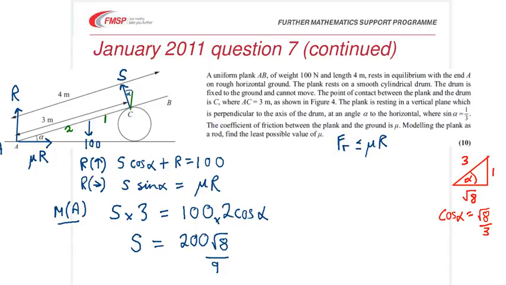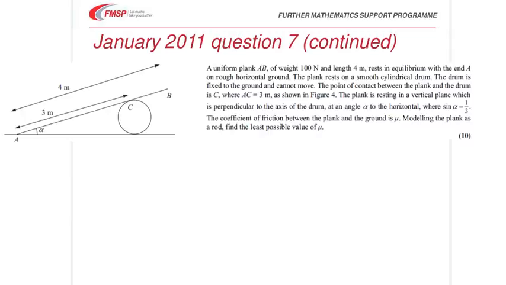Let's go to the next page, get some more room. So S, don't really need the diagram again now. S is 200 root 8 over 9. Now from the resolving equations, R is 100 minus S cos alpha.